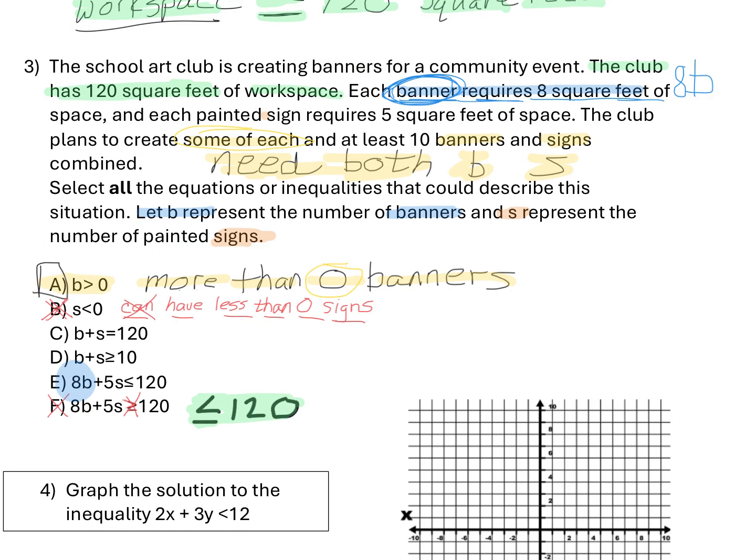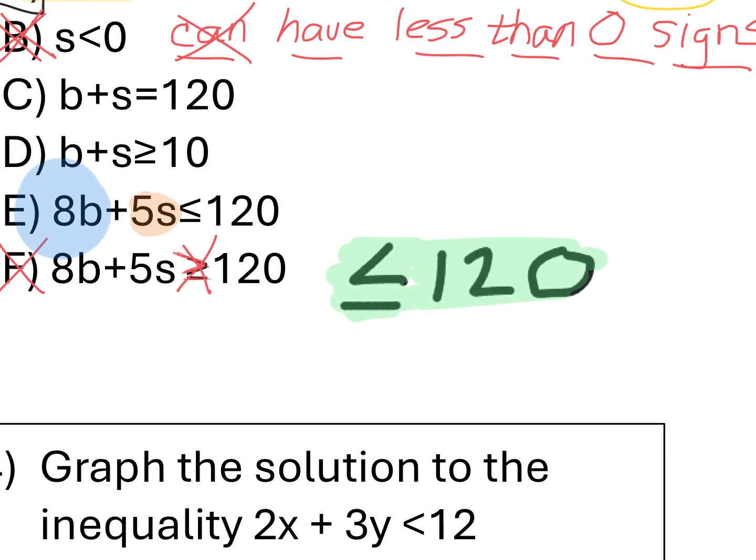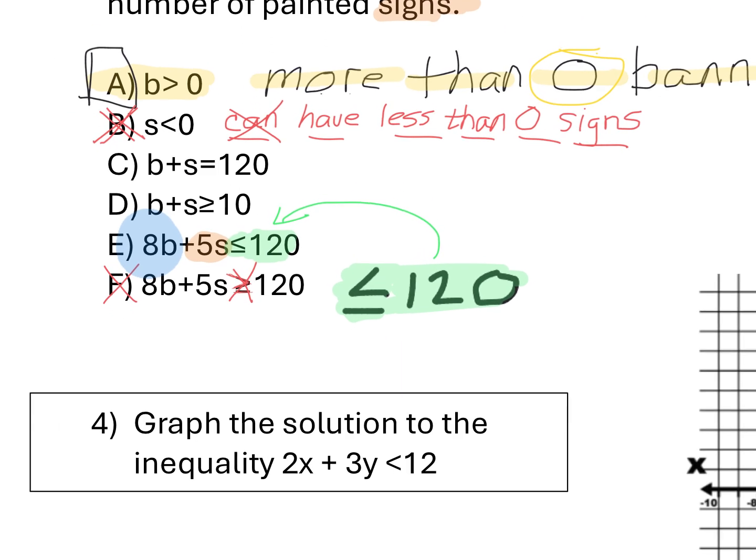It also says each sign requires 5 square feet of space. So we would represent that as 5 times S, which does show up down here in this inequality. And then also we see that we have the inequality that we need right here, because this one is less than or equal to 120.